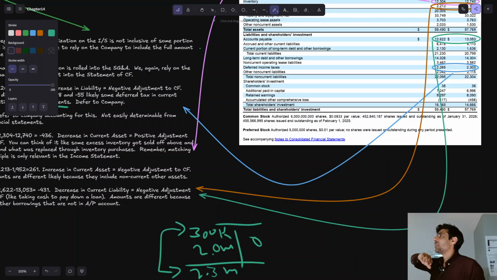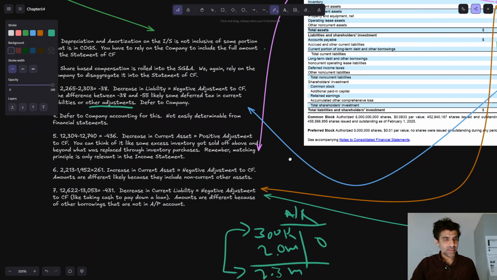So how much do we have to adjust it by, up 2 million or down 2 million? Net income is 2 million, we have zero cash flow from operations, so how do we go from 2 million to zero? Yeah, so this increase in the AR is related to a negative adjustment in cash flow.